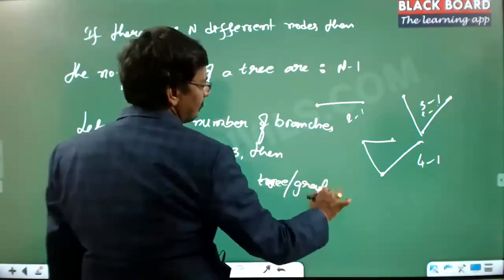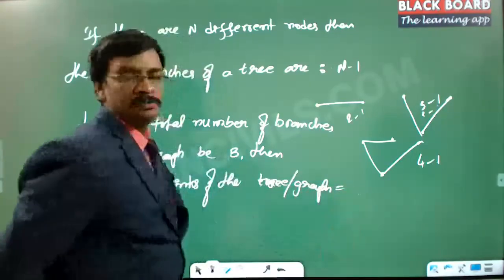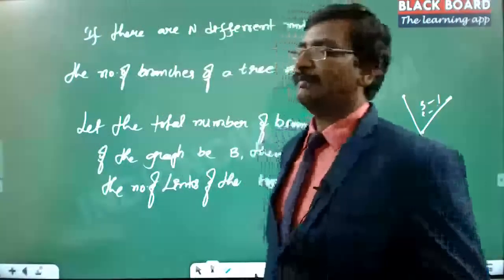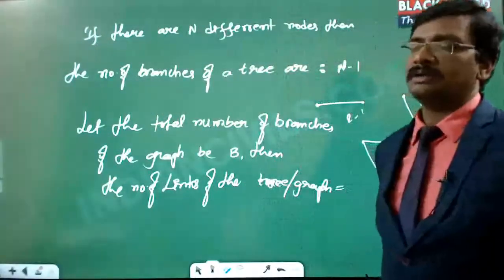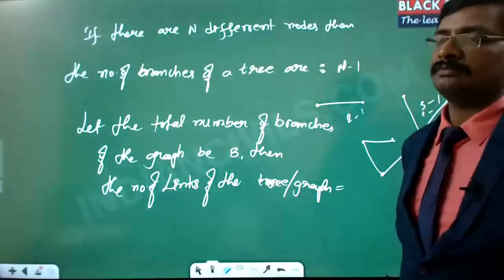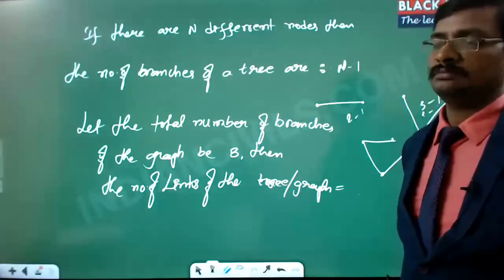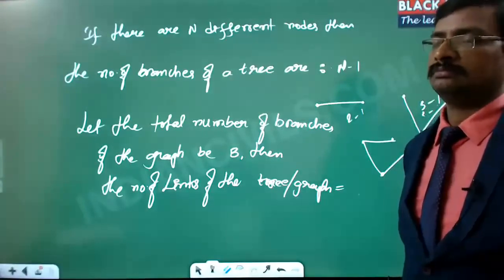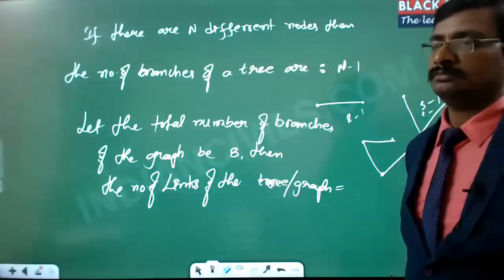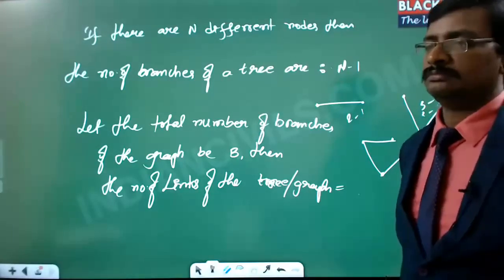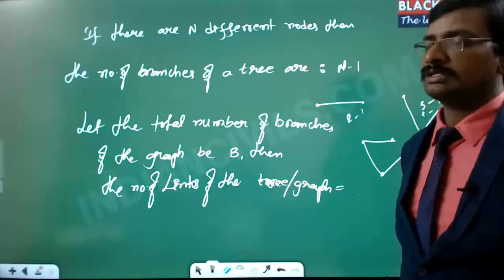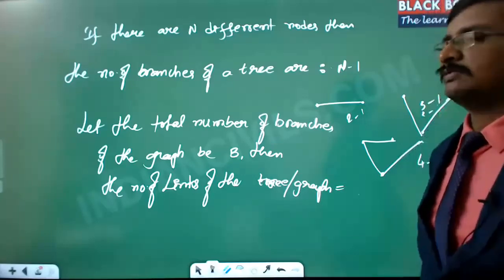The number of branches is B. How many links will be there? Yes, how many? It is straightforward, right?